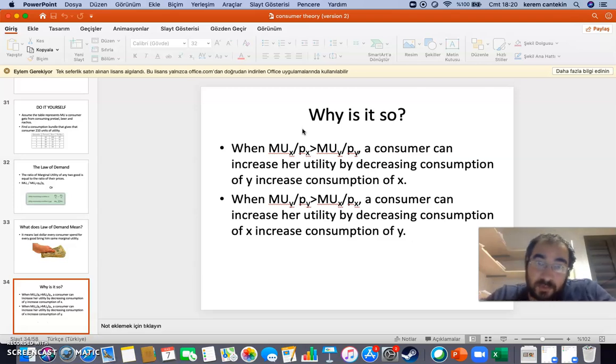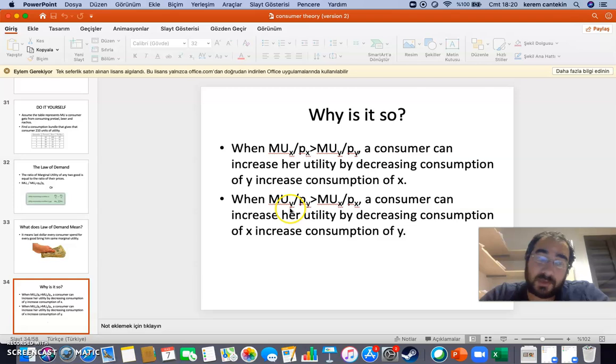But when I buy more of x, assuming the prices are constant because they are not determined by the consumer but the market, the marginal utility of x will decrease and the marginal utility of y will increase. So these two ratios will become equal.